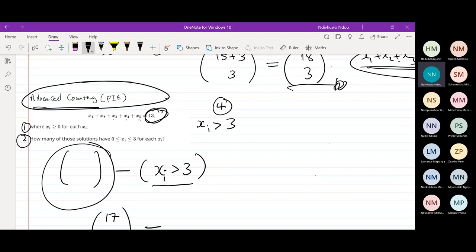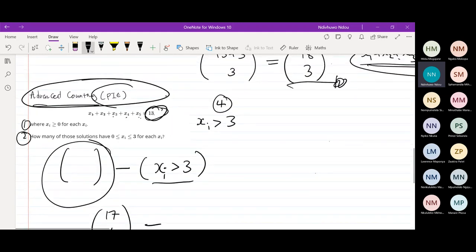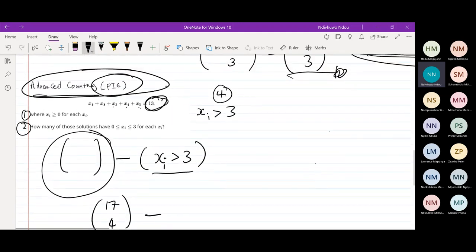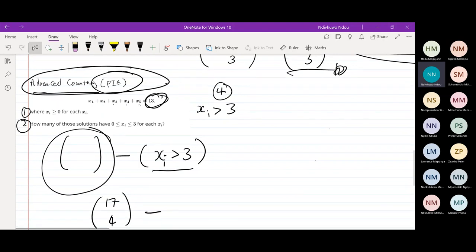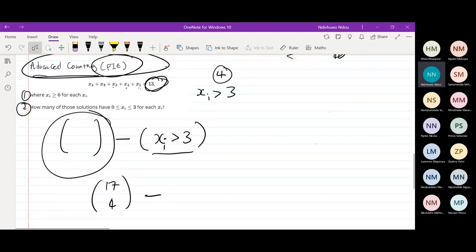In such instances, we have to use the principle of inclusion and exclusion. Rather than going and giving each of them greater than 3, which is 4, we can see that this won't work. Rather, from 5 of them, we're just going to choose 1 and give one of them 4.